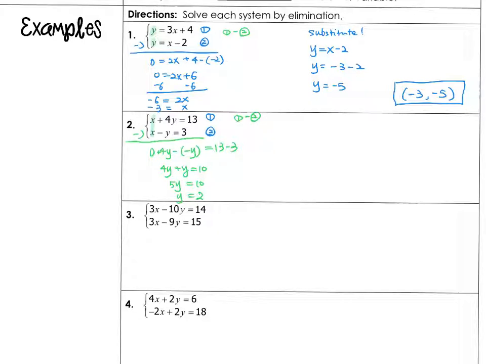Now if I substitute it into either one, I'm going to pick equation 2. x minus y equals 3. I know y is 2, so now I just add 2 on both sides, and x equals 5. So now these two lines intersect at 5, 2.